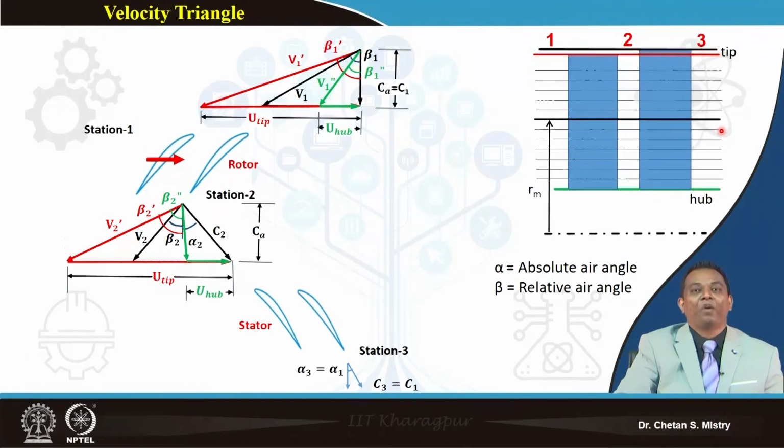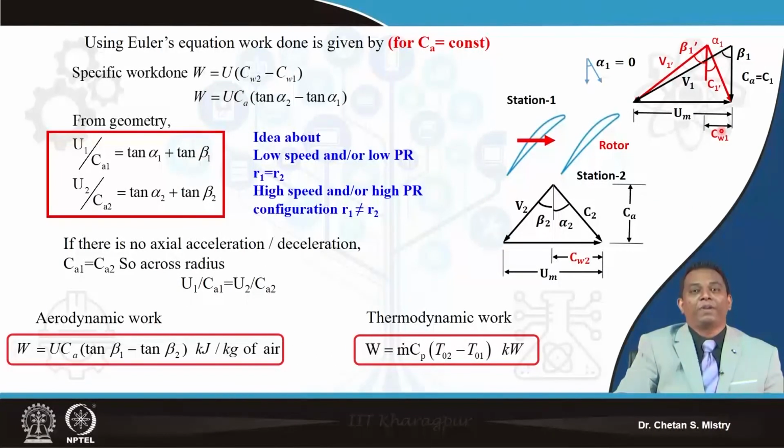Okay, now let me try to explain what we have learned from the basic Euler's equation. When I say Euler's equation, the specific work done we represent as U into Cw2 minus Cw1. Now if I am using this velocity triangle, then my Cw2 I represent as Ca tan alpha 2, and Cw1 is Ca tan alpha 1.